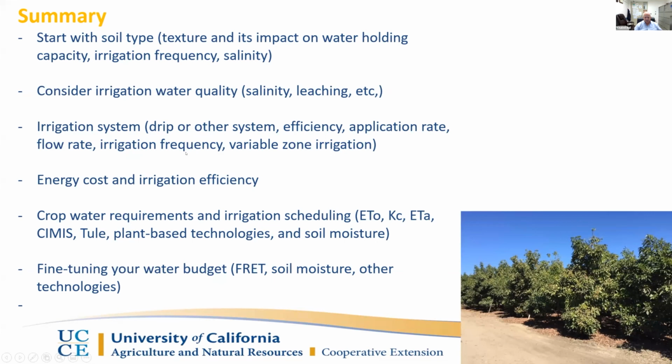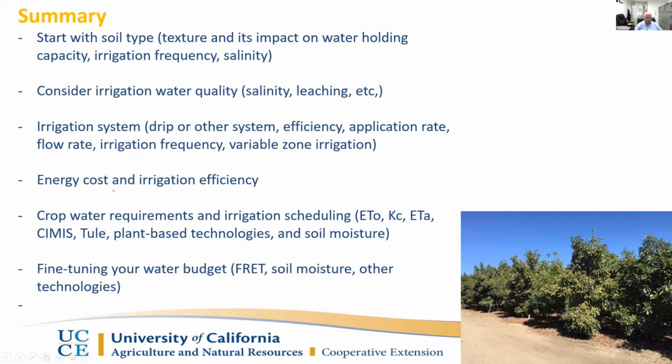If my flow meter is showing higher than the design criteria, I'm sure there is a leak somewhere and I need to fix it. You want to look at variable irrigation, and especially if you have a slope and different topography within the farm. You want to have different zones, different application rates, and different irrigation frequencies.